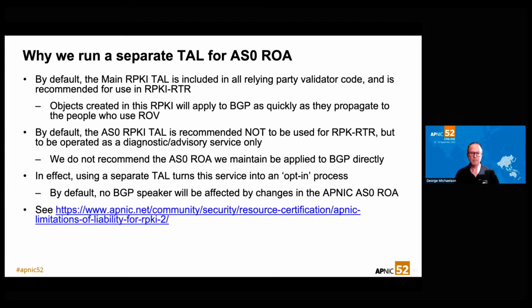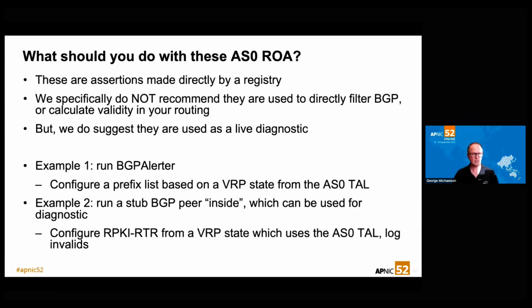Combined with that, we made the decision to recommend not including AS0 TAL in default ROV calculation and only to use it for diagnosis. So, just to repeat, unlike delegated ROAs made in the mainline, we're recommending only in diagnostics.